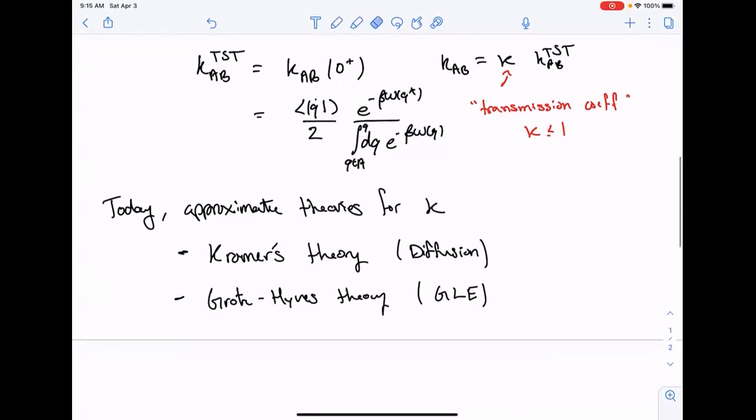So those are all static quantities. There are no dynamical variables. There's no sense of what the dynamics are that evolve the system over the barrier. And that's because we've taken the zero time limit. So we've taken a static limit.